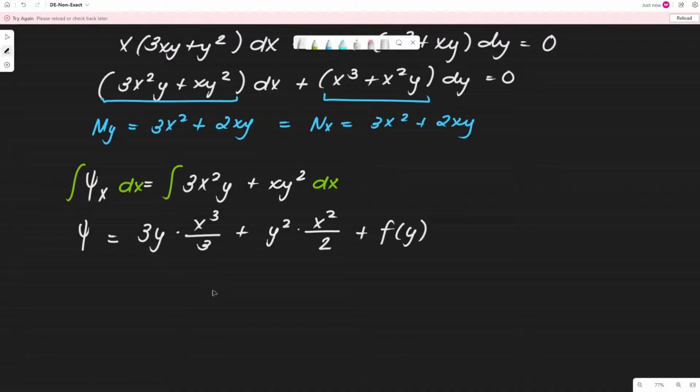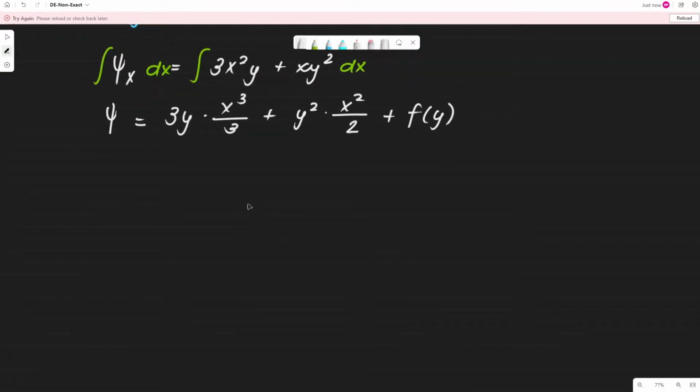Again, going back to the lesson in exact differential equation. So simplifying, cancel yung 3. Diba? So we'll have psi equal to x cubed y plus 1/2 x squared y squared plus f of y. So this is our psi.